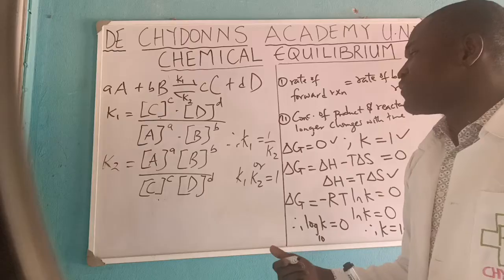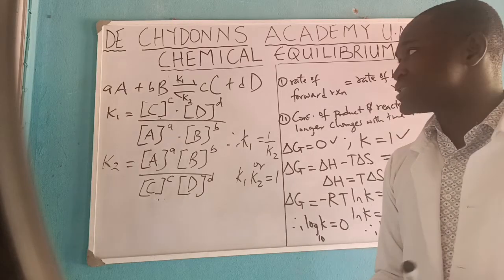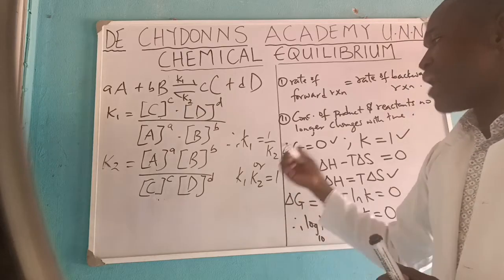Now, we want to give some examples of how you can represent your equilibrium constant when you come to chemical equilibrium. We have an example.